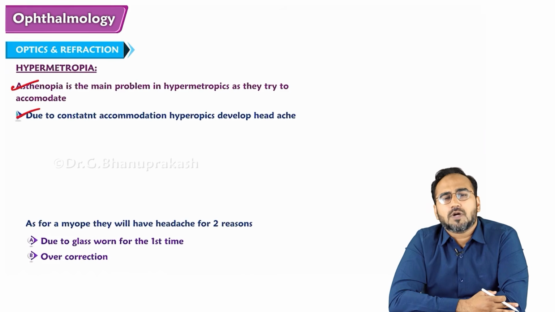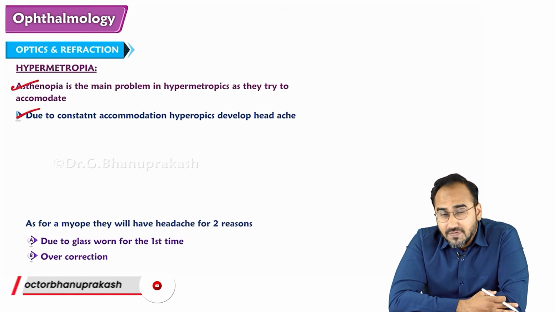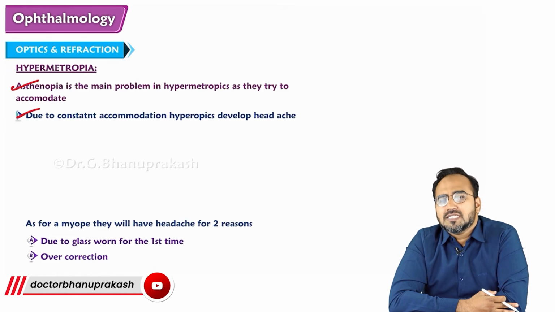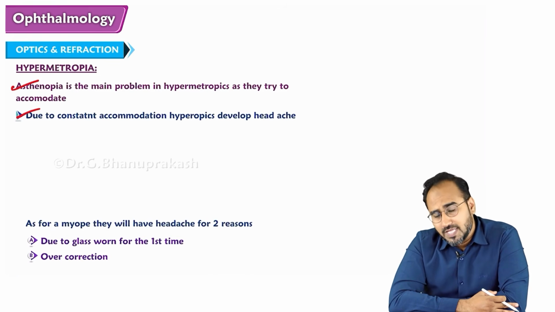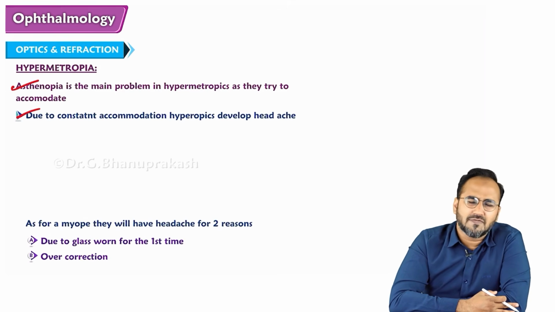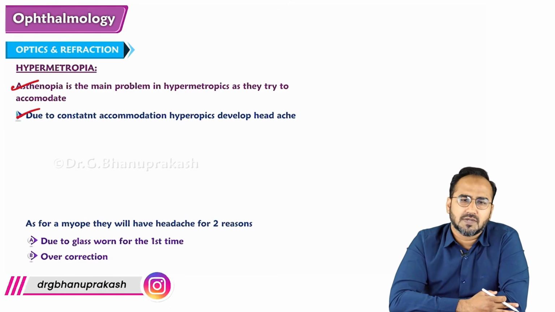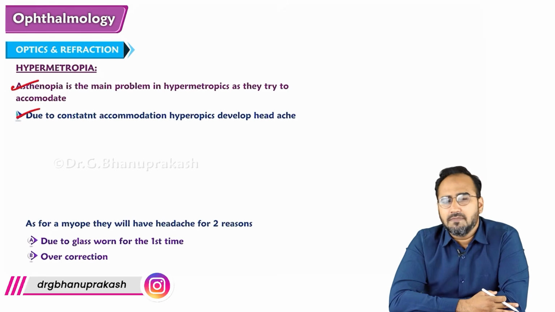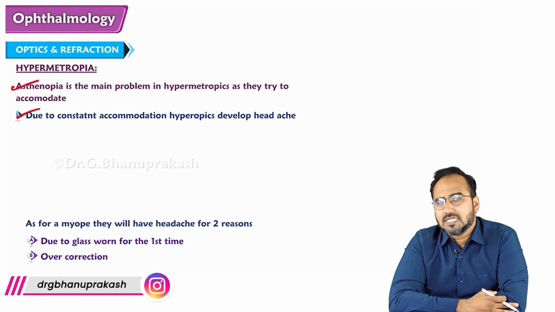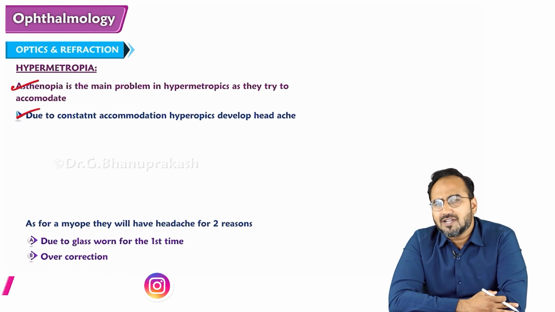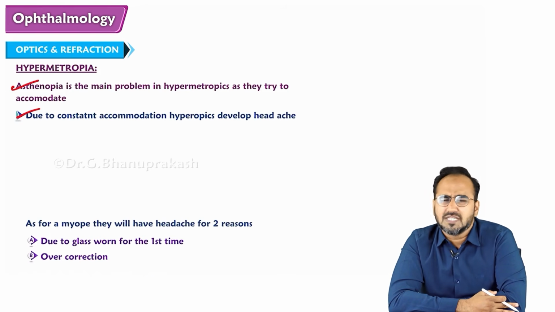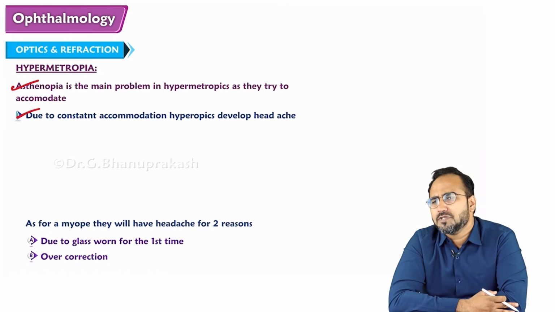But before that, first we pour a drop called tropicamide, which will relax the ciliary muscles, so that you can exactly check what number glasses needs to be given to the patient. Whether it's myopia or hypermetropia, first we pour the tropicamide solution. Next, myopics, you make them sit in front of the Snellen's chart. After that, if you are suspecting some more things, you can go for slit lamp examination or ophthalmoscopy.